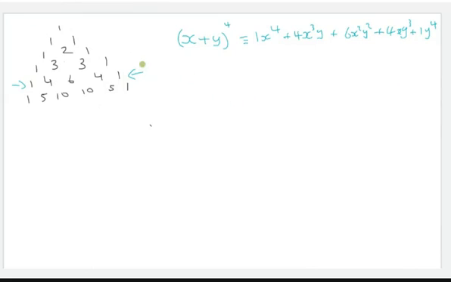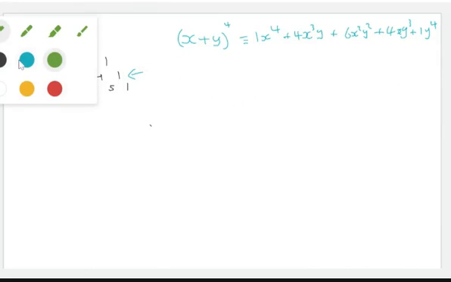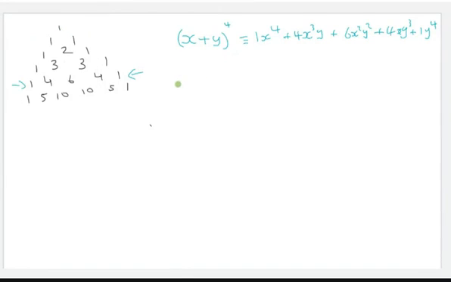Cool. So we can extend this now to examples like this, and I'm going to keep it with the same power just to show you. So let's suppose you had (2x + 5) to the power 4.